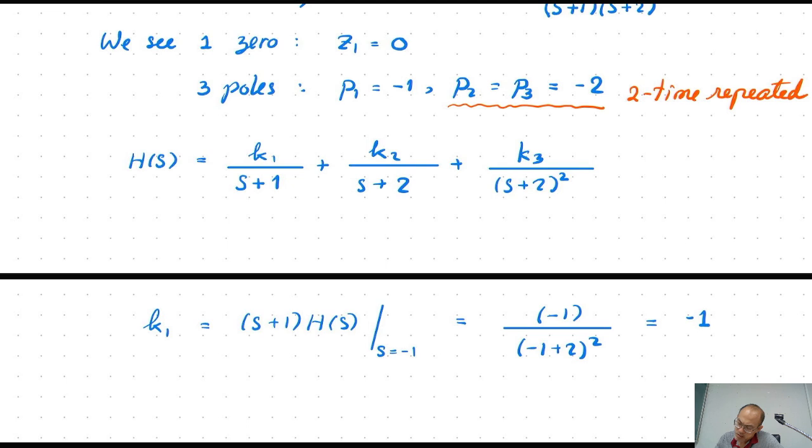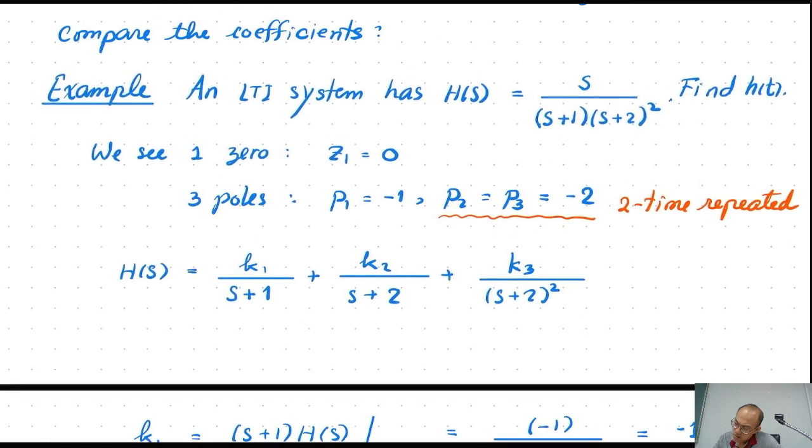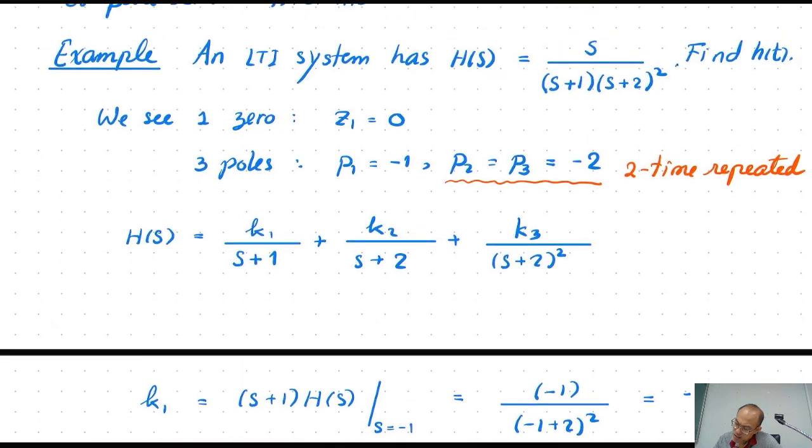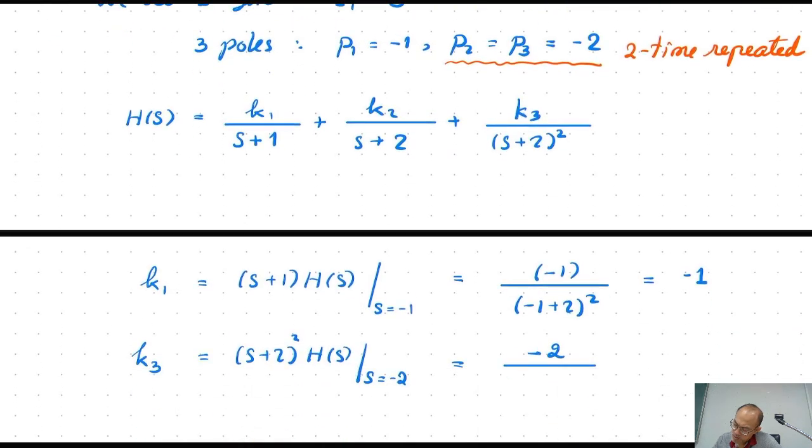So we have k1 equal to -1. Now k3 is easy. k3 is (s plus 2) squared times H(s), and then plug in s equal to -2. So we have -2 in the numerator divided by -2 plus 1. So it is 2. Now, k3 is 2.